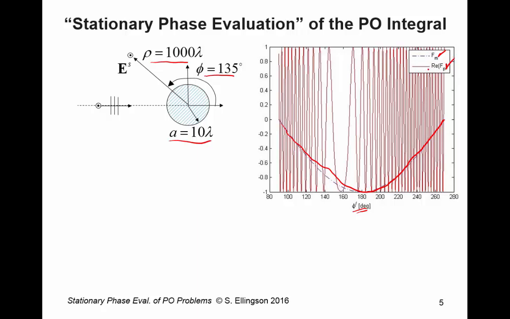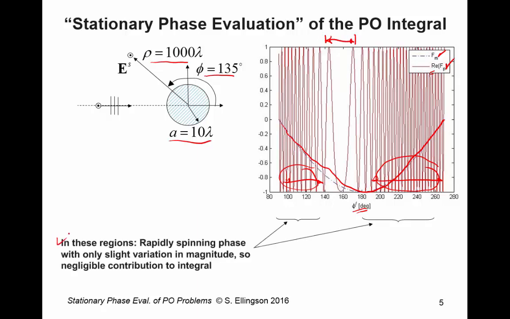Here I'm just plotting the real part so you can see it as a sinusoid. What you see is it's spinning very quickly in this region, and very quickly in this region. So it's not hard to see that we're going to end up with a lot of cancellation in this region and a lot of cancellation in this region, and most of the integral is really determined by what's going on in this range.